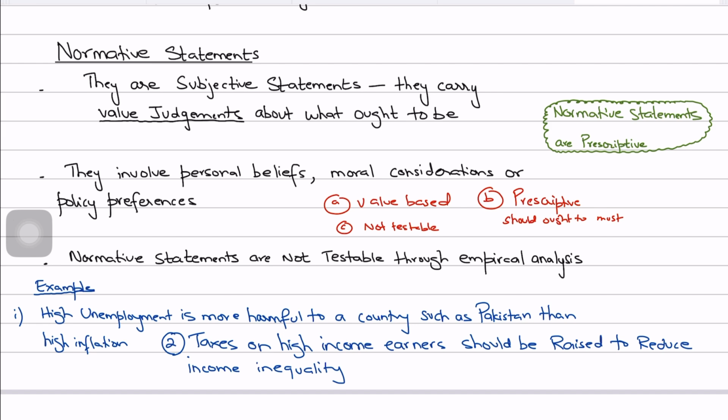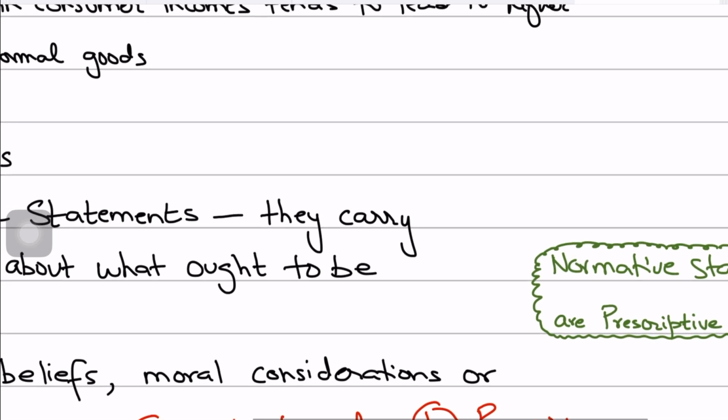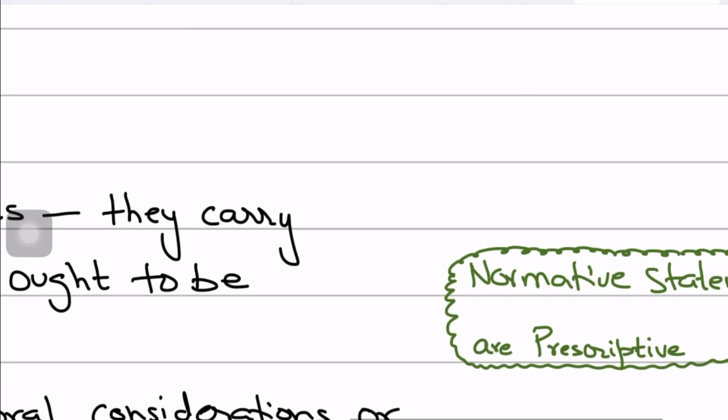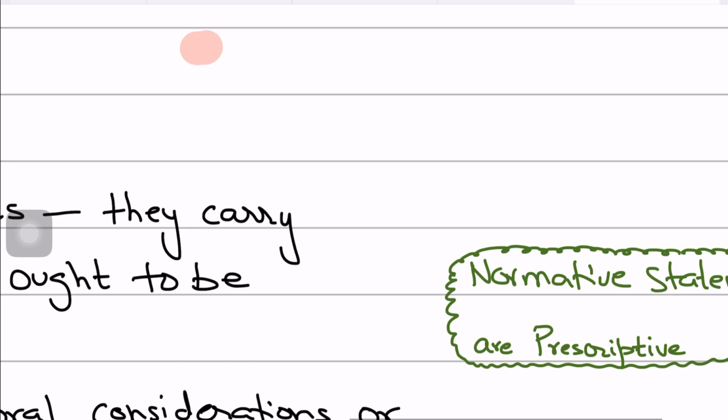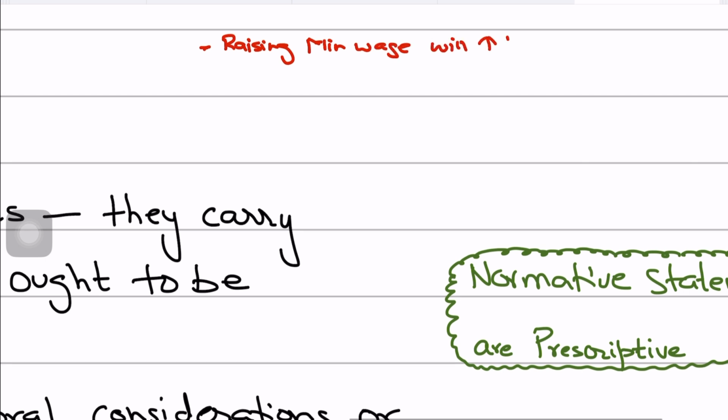And so guys, if I were to sum things up towards the end of this video, I write two statements here, both about minimum wages. Let's write: raising the minimum wage will increase labor cost for a business, right?